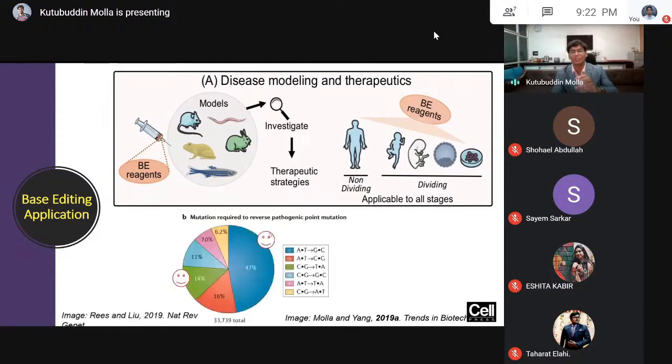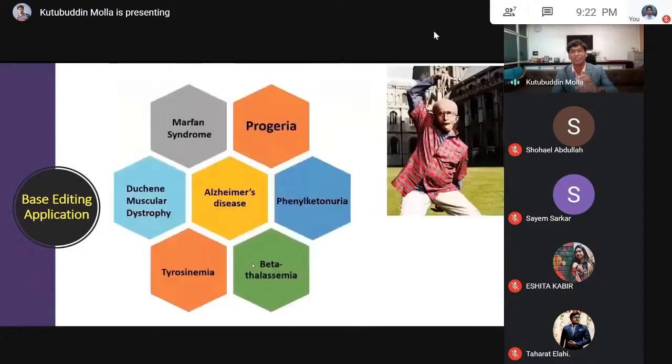Now, you would be amazed to know that almost 61% of pathogenic human mutations could be corrected with this base editing technology, and it has already been demonstrated that many different genetic diseases have been cured in human cell lines or in disease models. So now we have an answer to cure a child suffering from progeria.